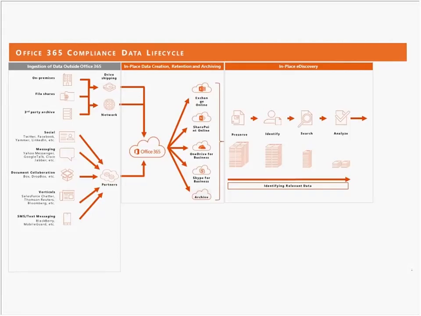And the key piece here is that the data remains in place. As opposed to traditional eDiscovery workflows, which would involve collection and preservation notices going out, collecting the data, making copies of that data, having to index it in various different tools, we take an approach where the data stays in place the entire time.